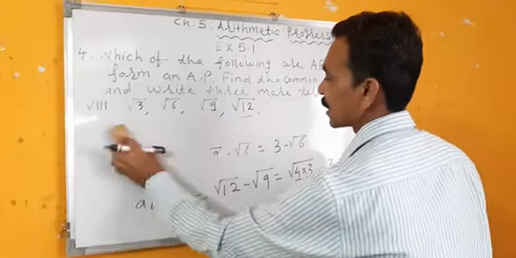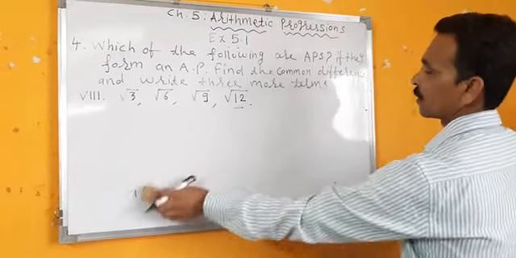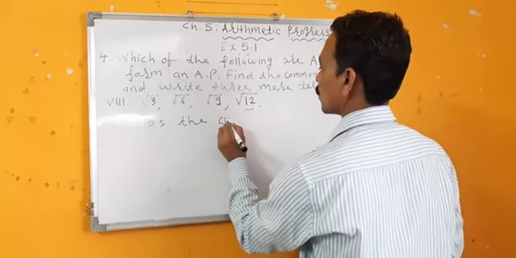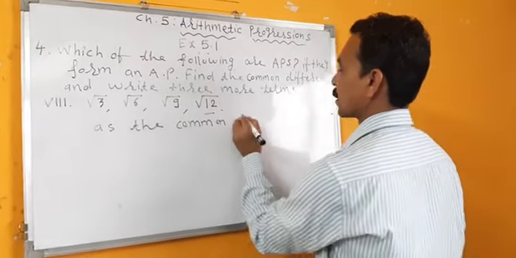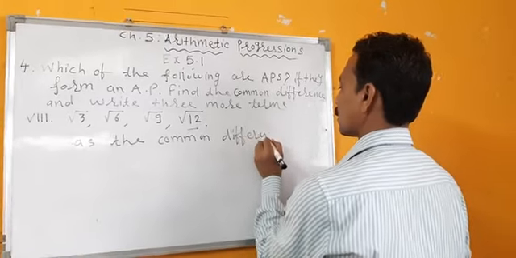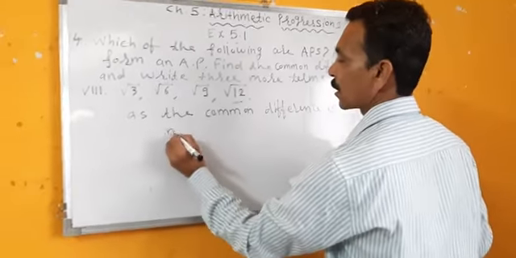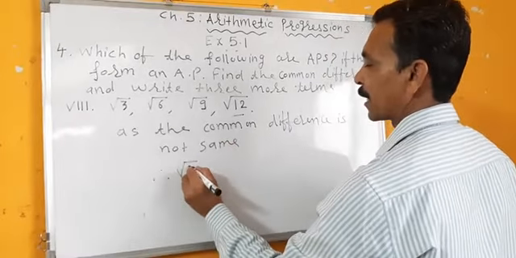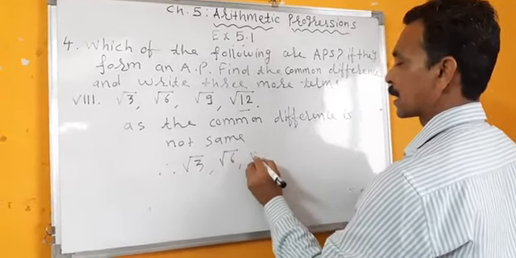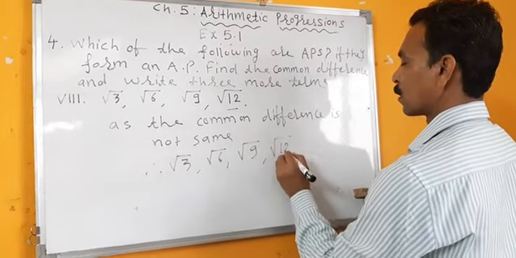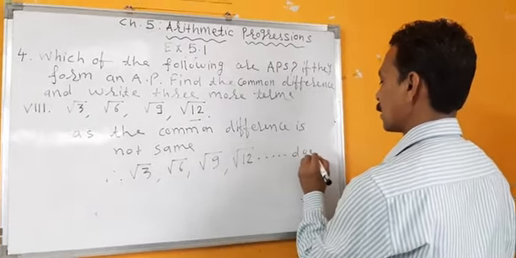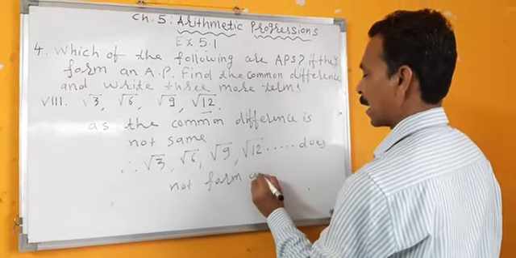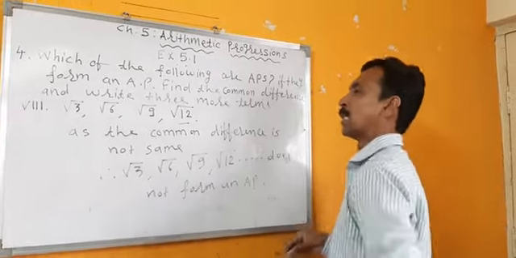As the common difference is not same, therefore root 3, root 6, root 9, root 12 and so on does not form an AP. Done.